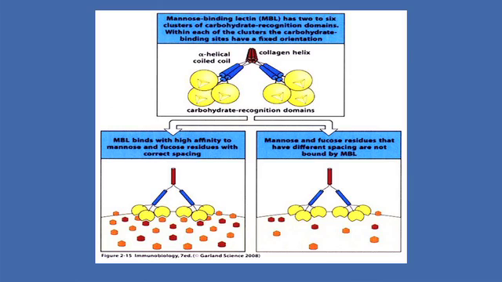And what it recognizes here, this kind of lunar lander type of approach, is that on a microbe, it can bind to these repeating mannose units that look like a checkerboard. But on a human cell, while we may express mannose to a certain degree, they are sparse and asymmetric, and they don't allow tight binding, and thus we don't activate complement by binding to our own cells under physiologic conditions.